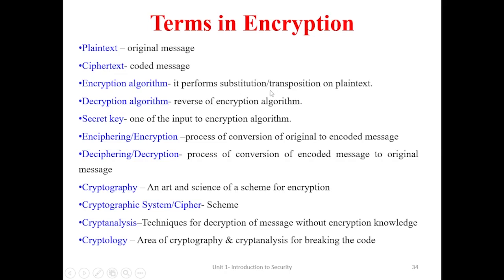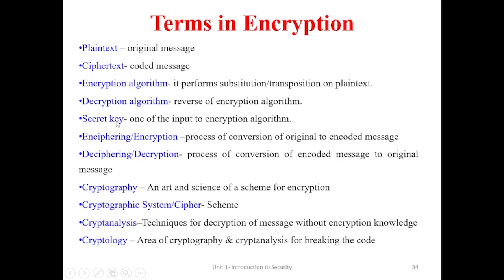Transposition means exchanging the letters at various positions. So this is the basic encryption algorithm. In a decryption algorithm, we use the same substitution or transposition mechanisms for retrieving the plain text from the given ciphertext. So the decryption algorithm is always the reverse of the encryption algorithm.